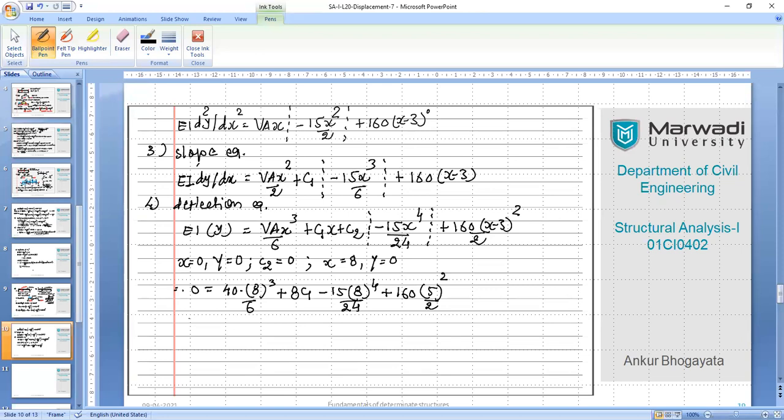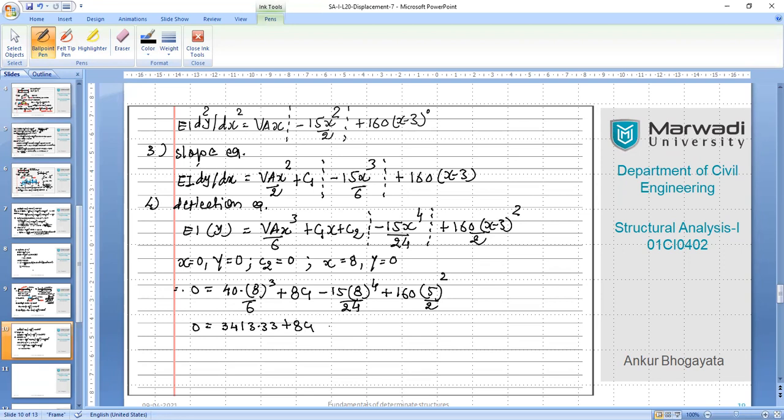So when you do the needful calculations, let me calculate it for you. The cube of 8 into 40 divided by 6 gives us 3413. I'm sure you are also getting the same answer, 3413.33.